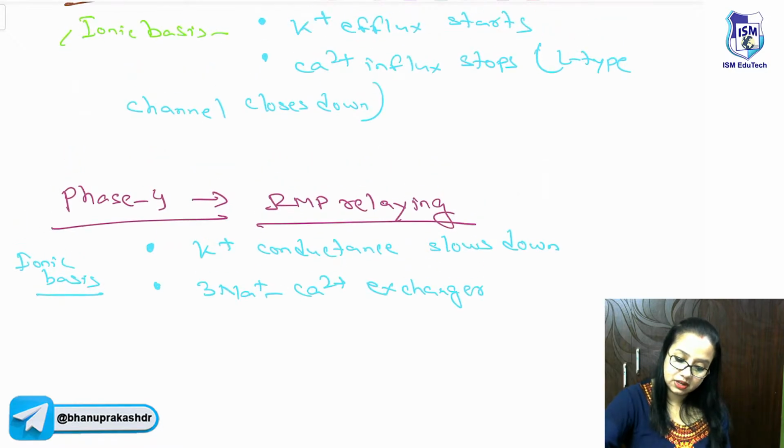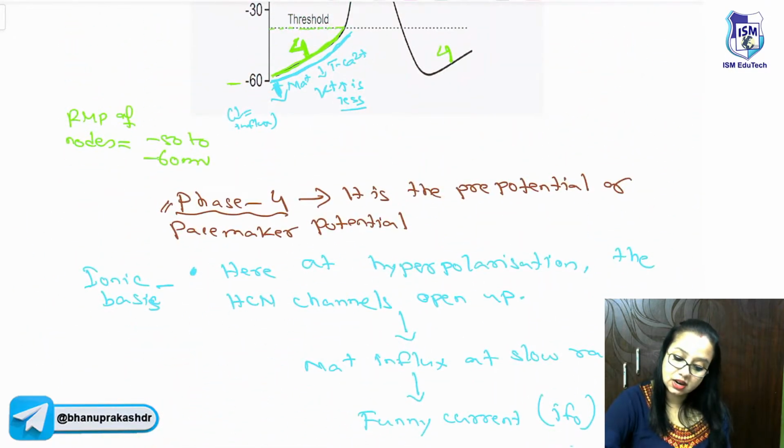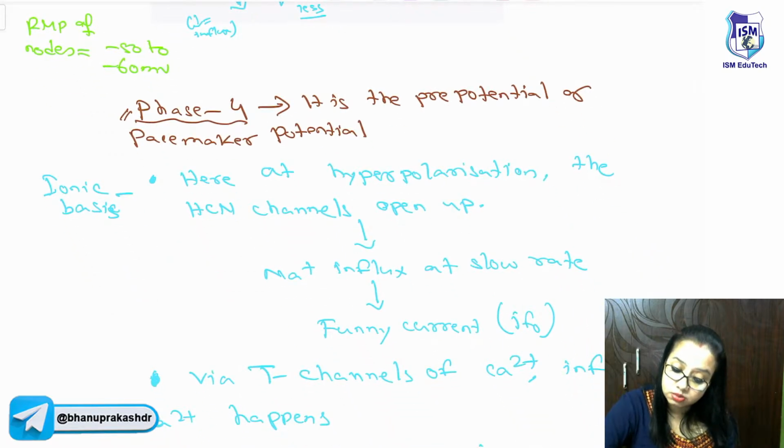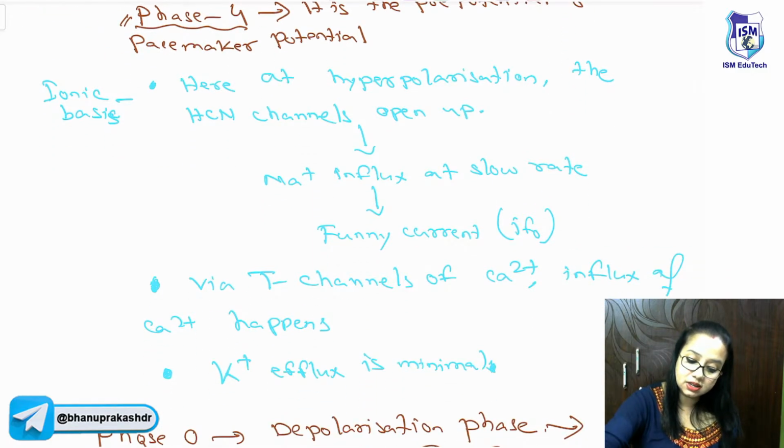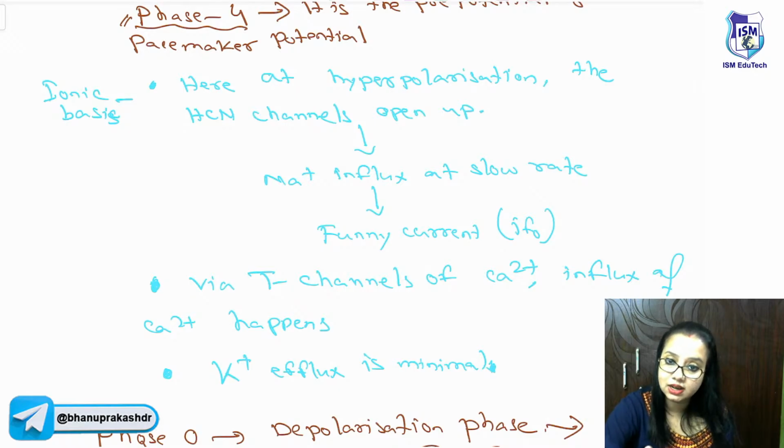Like what is happening here, this is what we started with. But when we started phase 4, we were highlighting its transition from resting membrane potential to the depolarization wave. We mentioned the sodium channel and potassium conductance, and how the sodium channel and the calcium channel helped in gaining more positivity.